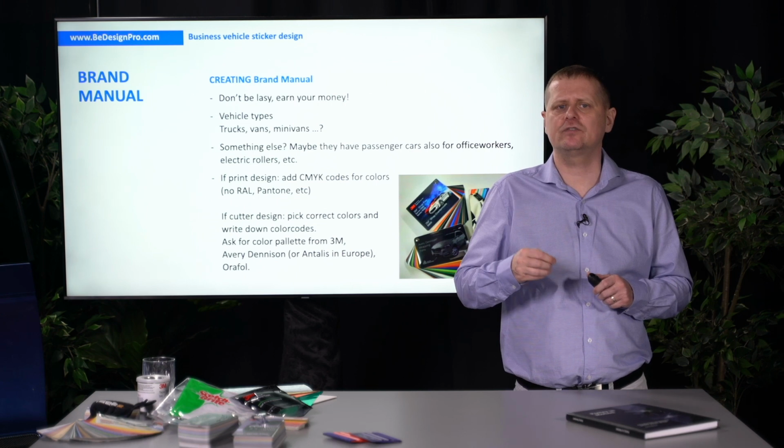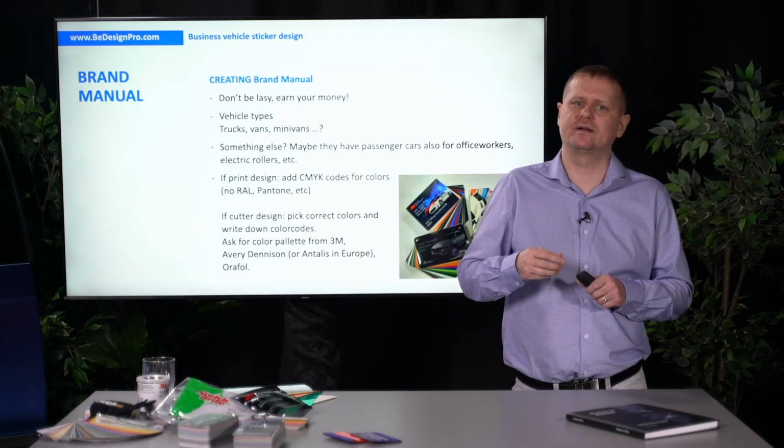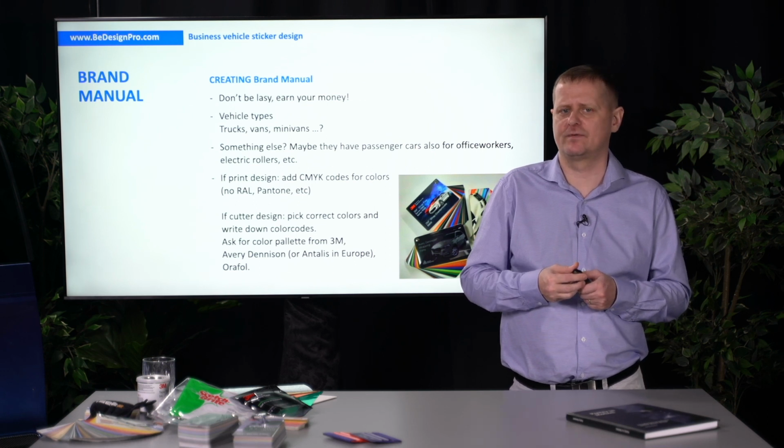I have seen a lot of brand manuals where a Pantone code or RAL code is written down, both of which have no use in the sticker business. But for cutter design, find a suitable pre-made rolled color vinyl. Simply go and ask for a vinyl color palette and pick the correct color.